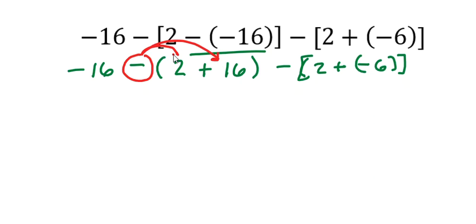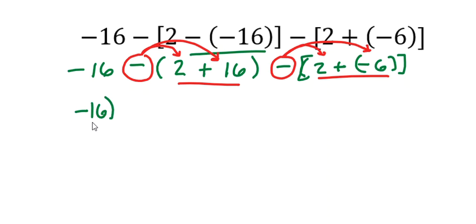Now, we don't have to do this. Like, I could have just done 2 plus 16 and add those together first and then put the negative sign on it. Same thing here. We can distribute the negative sign, or we can just follow the grouping symbol and add those together. So we have a choice. I'll go ahead and do this method, the distributive method.